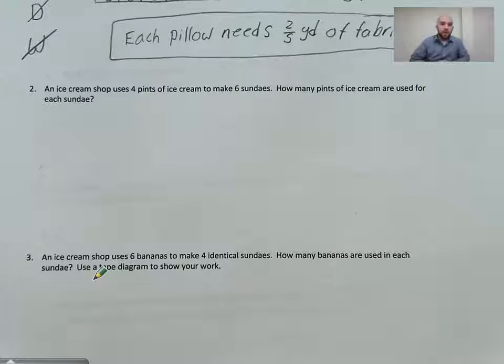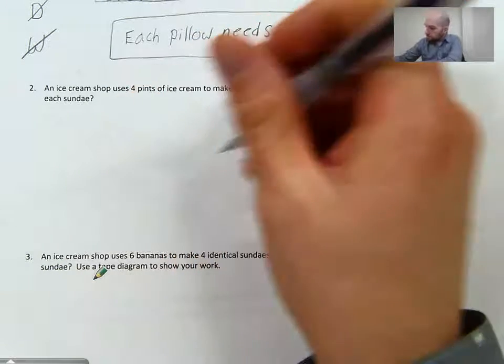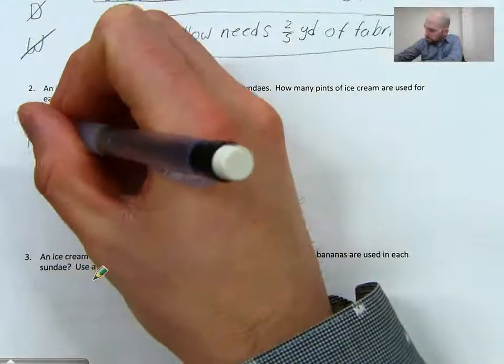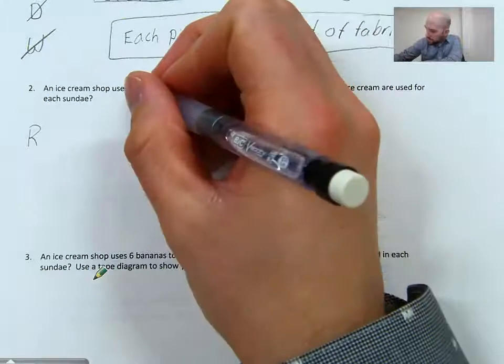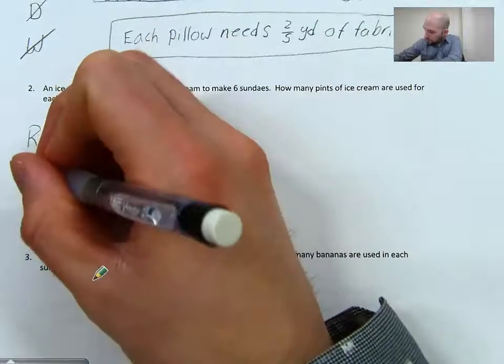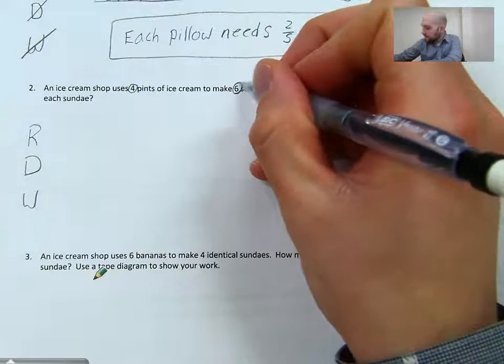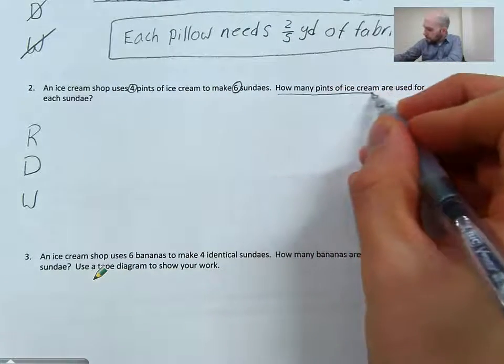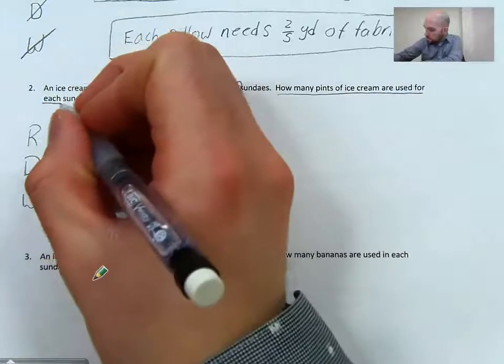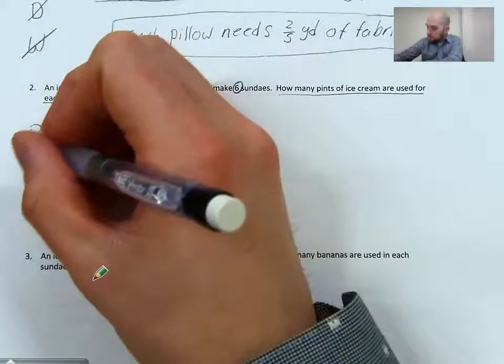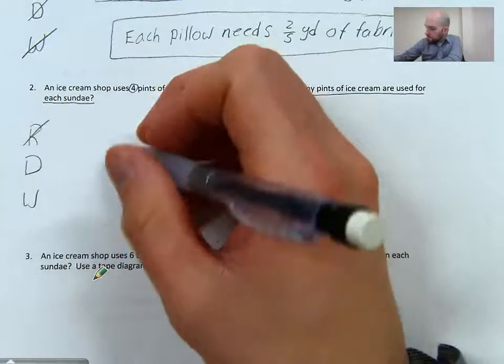It says an ice cream shop uses 4 pints of ice cream to make 6 sundaes. How many pints of ice cream are used for each sundae? We have 4 pints of ice cream to make 6 sundaes, and we need to find out how many pints are used for each sundae. So we're going to use the same strategy here.